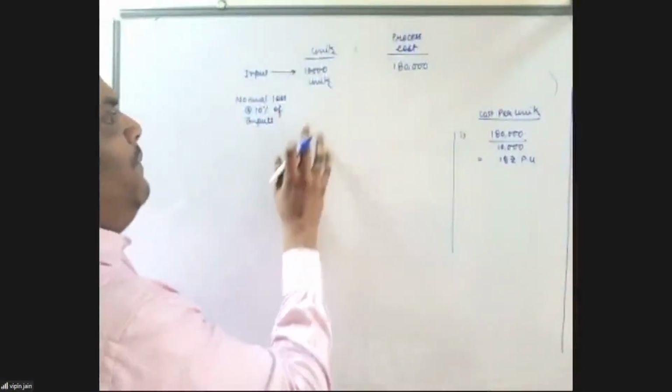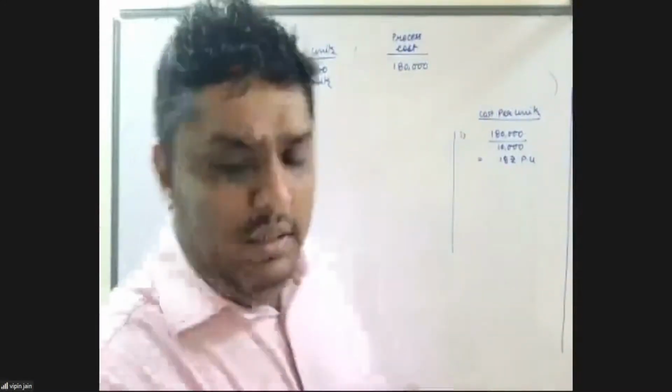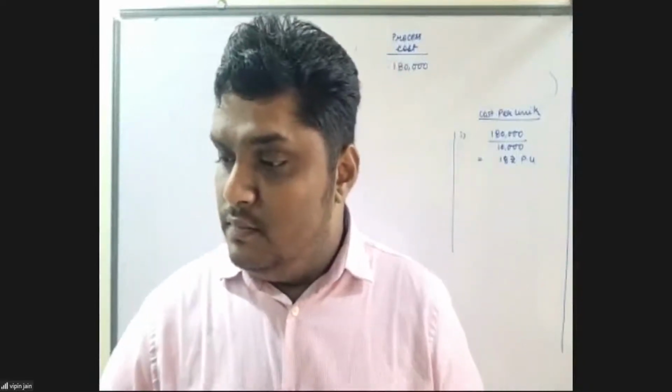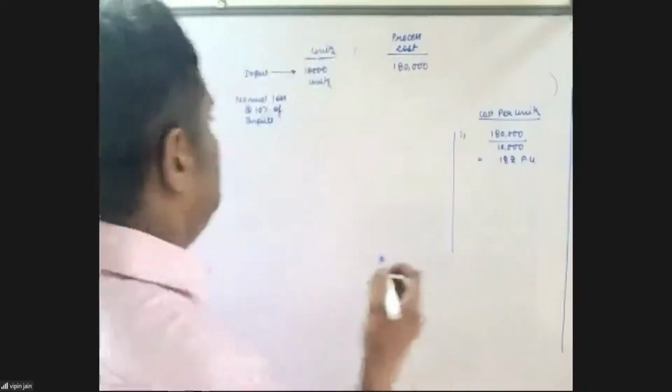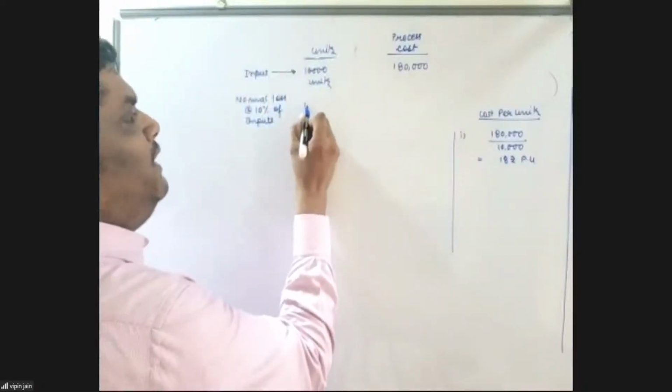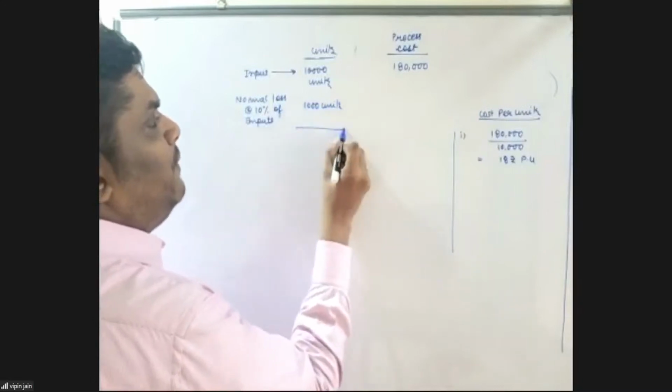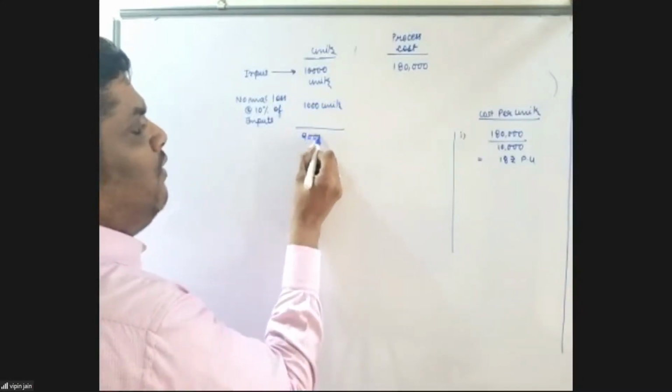So herein, my normal loss will be how much? It is 10% of input. So my normal loss will be of how many units? 1,000 units. Therefore, my output will be how much?